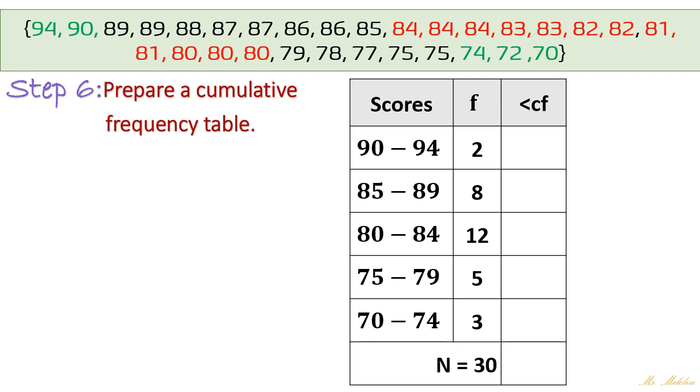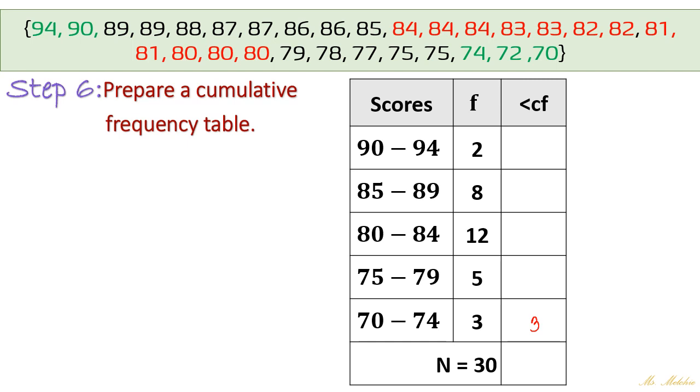By the way, I also included how to fill in the cumulative frequencies column in my video lesson on creating the FDT. Of course, we are going to start at the lowest class that we have, 70 to 74. The frequency is 3. So we start with the first frequency here at the lowest class.